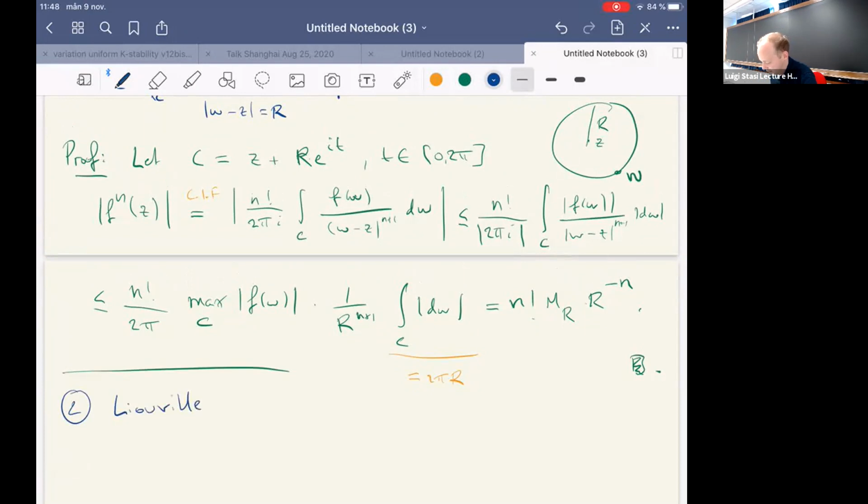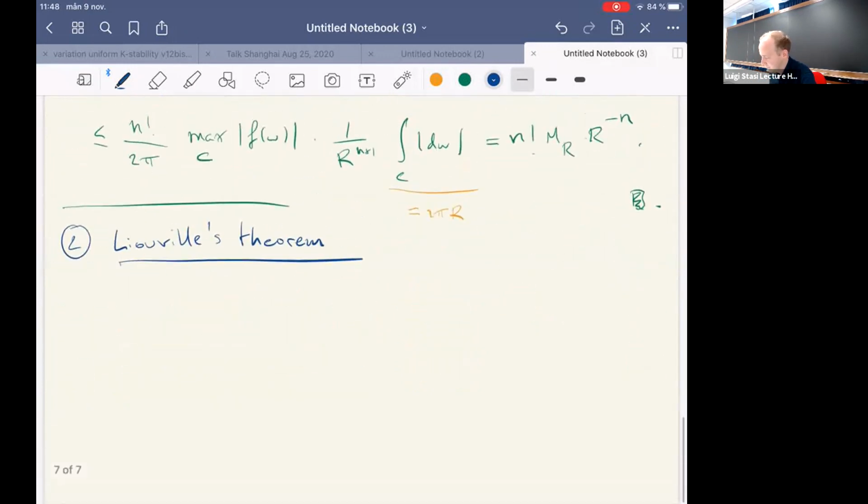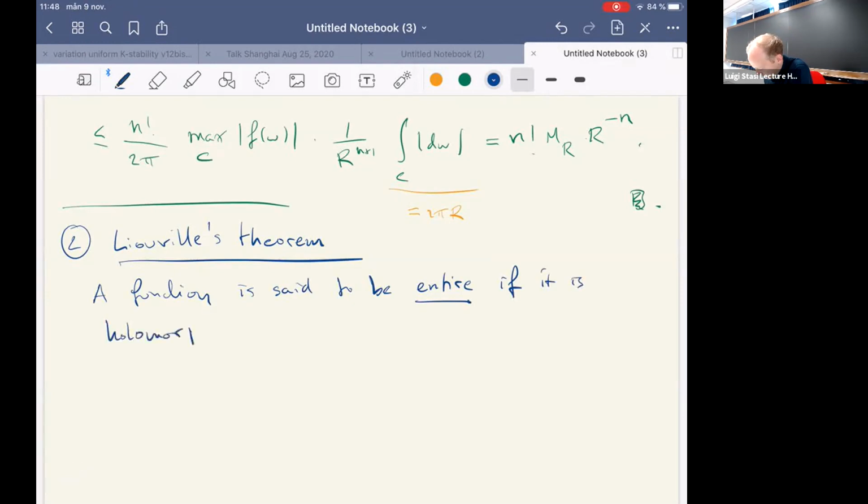a very famous theorem in complex analysis. I'm sure many of you know it already. So the next one is Liouville's theorem. For Liouville's theorem, let's recall, as a useful remark, that a function is said to be entire if it is holomorphic on the whole complex plane, or if you want, on the entire complex plane.